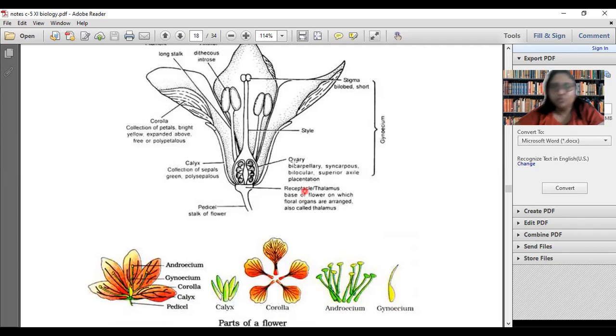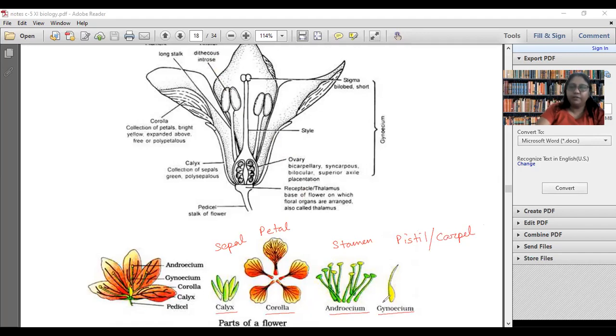So you must have heard about these terminologies, that sepal, petal, stamen, pistil or carpel. Then why these new terminologies are required?